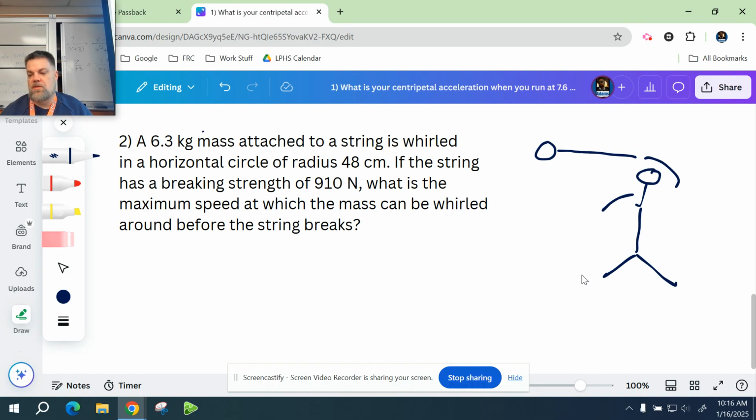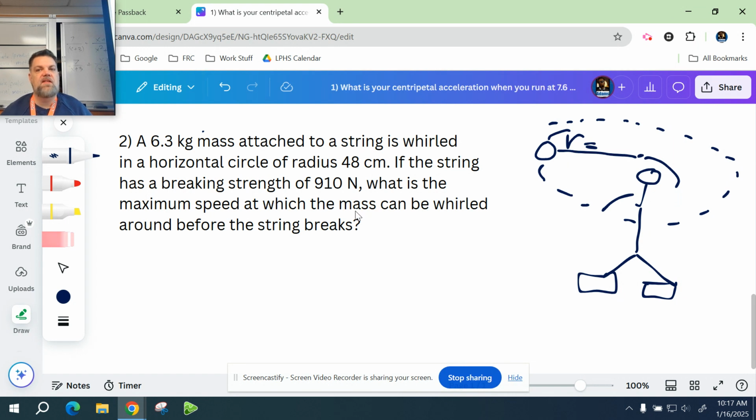I'm swirling this thing around in a circular path, and it says that the radius is 48 centimeters.